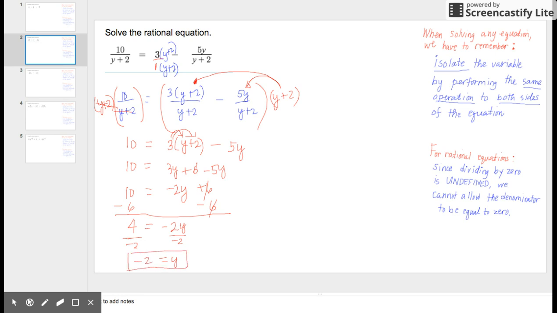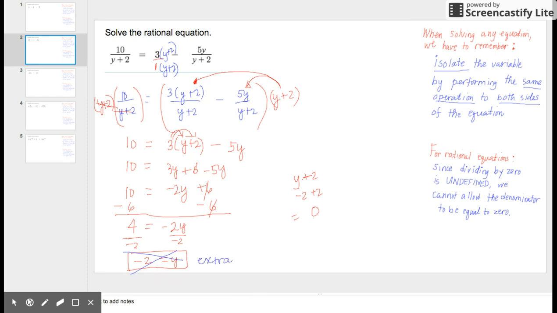Now, will this solution make any of our denominators equal to 0? We notice that if we plug in negative 2 into y plus 2, which is one of our denominators, we get 0. So therefore, this is not a good solution. We call that an extraneous solution.